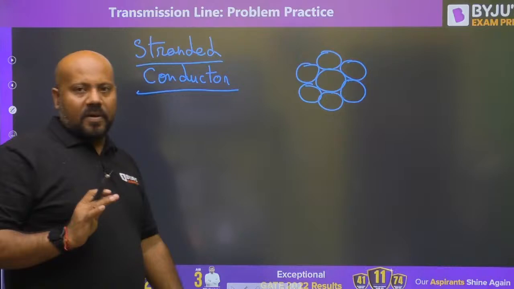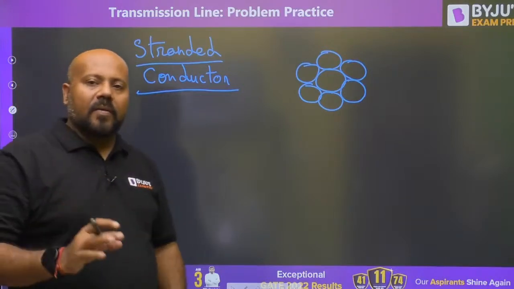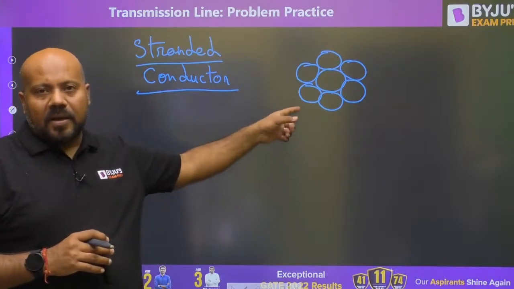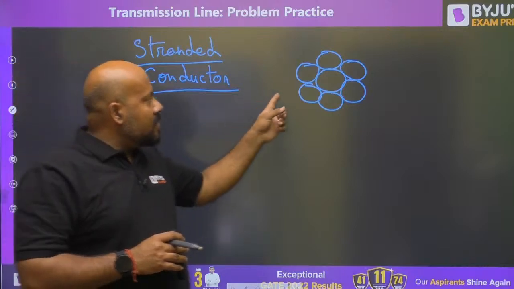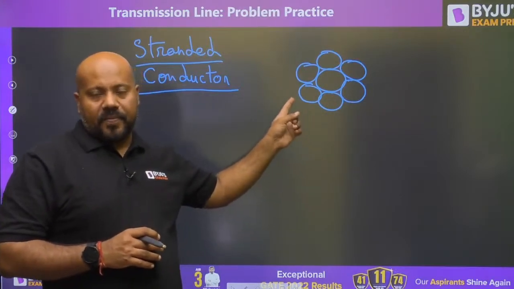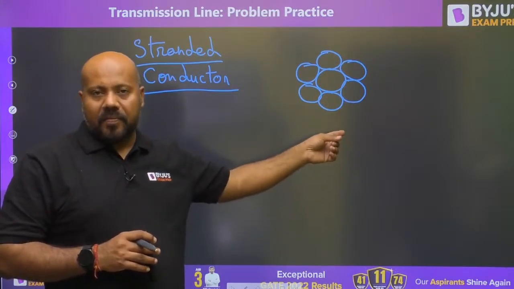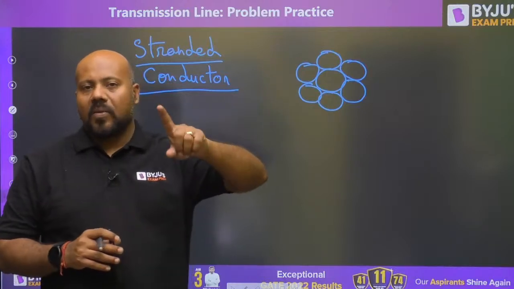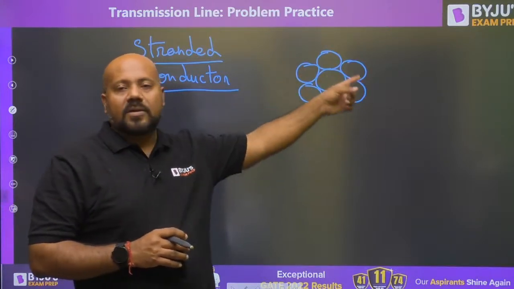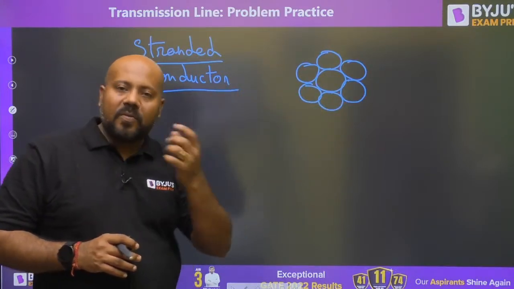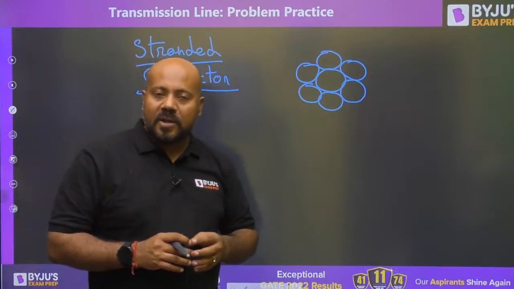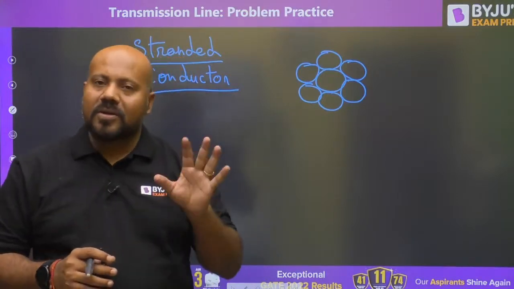If you observe, whenever I am drawing a stranded conductor, I am always using 6 strands in the second layer. The core strand is only 1 and the next layer is 6 strand. Now some of you may be thinking, why always sir is writing 6 strand? There may be other also. No, this is not possible.